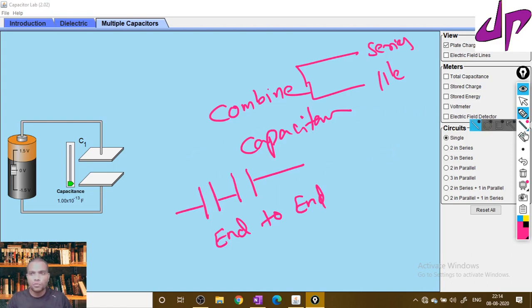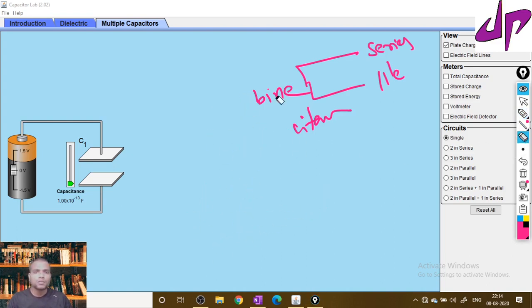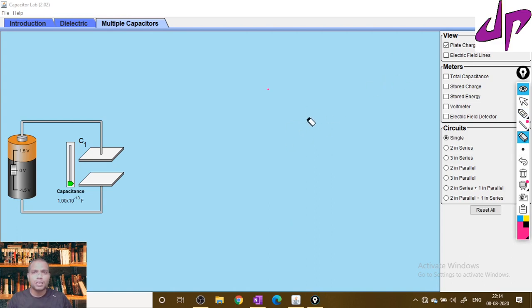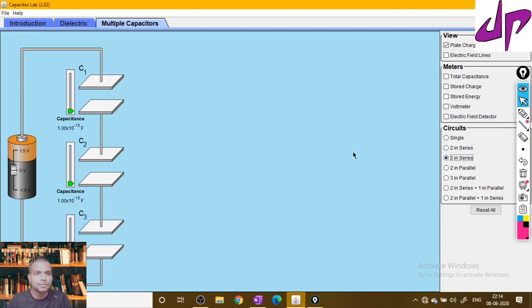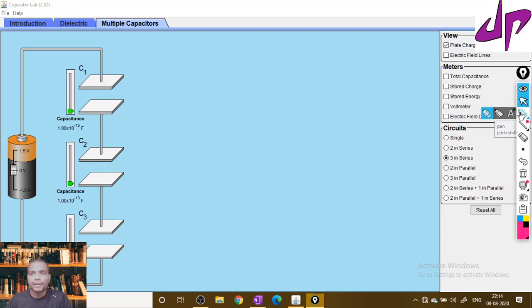If we draw that for the series combination, I take three parallel plate capacitors, and here I have an option to select three in series. In series, you can see one end of a capacitor is connected to another end.